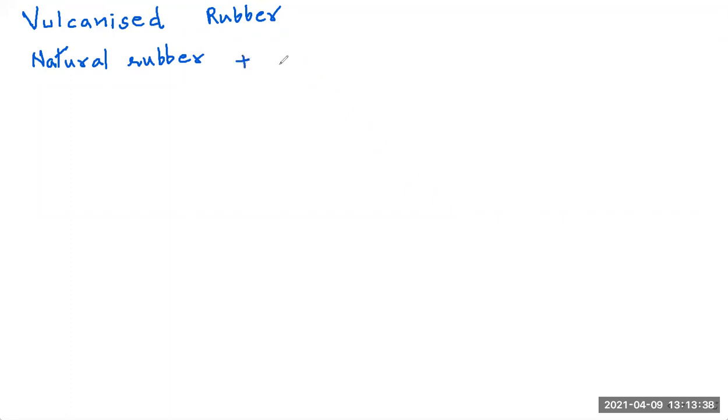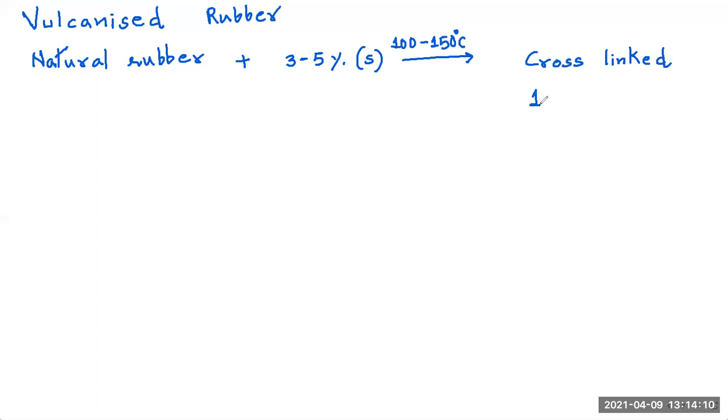Now the process is natural rubber is mixed with 3 to 5% of sulfur and it is heated at 100 to 150 degrees centigrade. It forms cross-linking. It forms cross-linked chains of, can you tell me, cis or trans 1,4 polyisoprene?